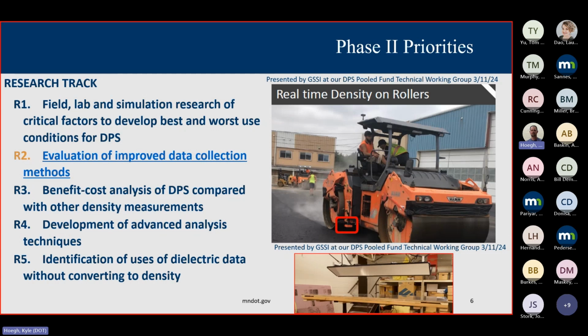And as you can imagine, that has a potential from a quality control point of view to really help us out on this effort. So not just see how they did at the end of the project, but also monitor how many passes it takes to get our leveling off of our compaction curve and things like that.